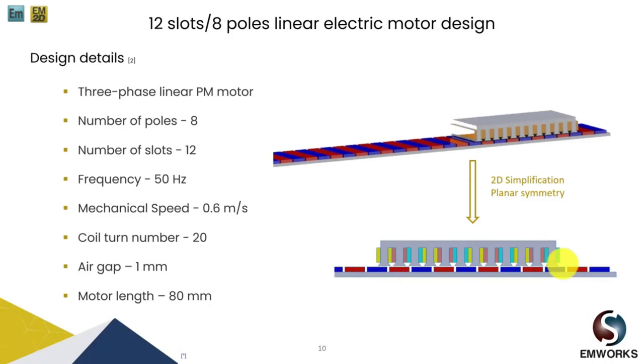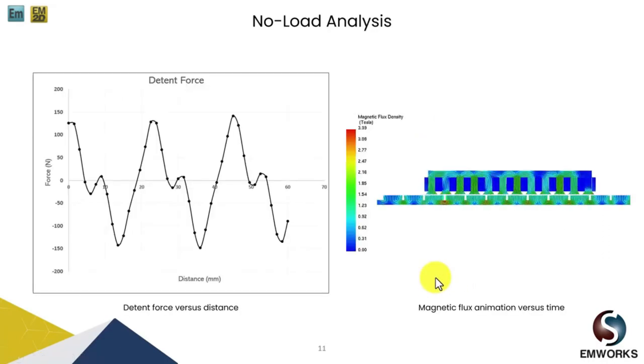Since we are going to use AMWorks 2D software, we have simplified its 3D geometry into its 2D planar symmetry, as you can see in the bottom image. So to begin with, first let's go through its no-load analysis. Here we have a detent force, as you can see.